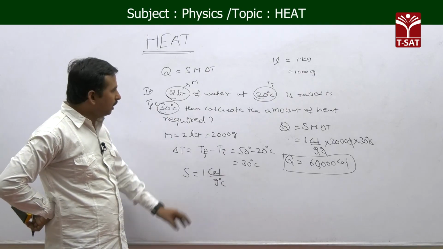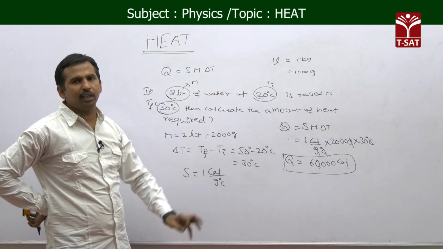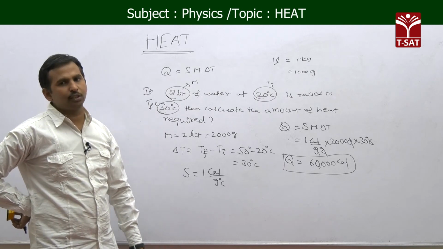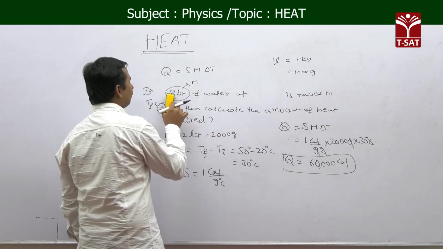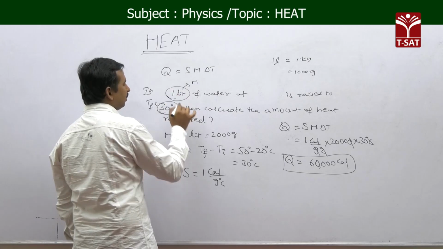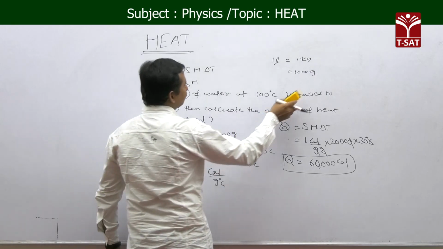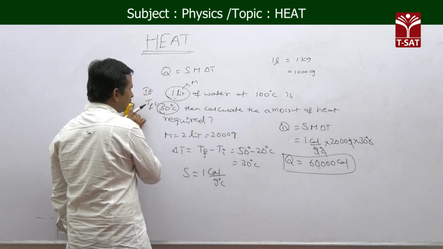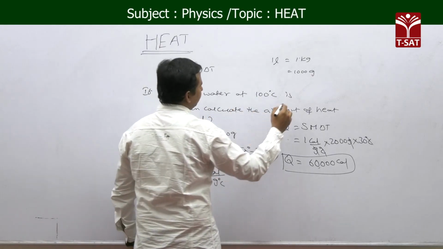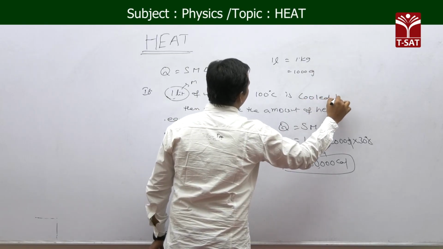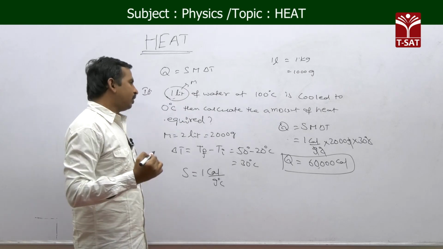For example, here we took a rise of temperature. Now in the same problem, suppose there is a fall in temperature. Let us suppose 1 liter of water at 100 degrees Celsius is falling in temperature, that is, it is cooled to 0 degrees Celsius.